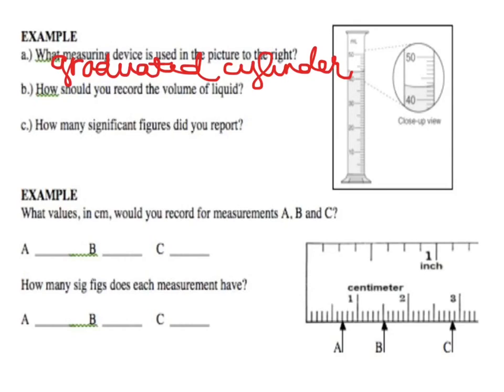Looking at that, where should we record the volume? At the bottom of the curve, or the meniscus? So somebody looking at that, tell me, what is this measurement?